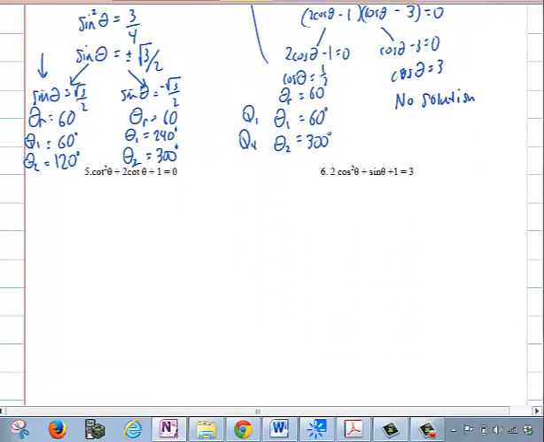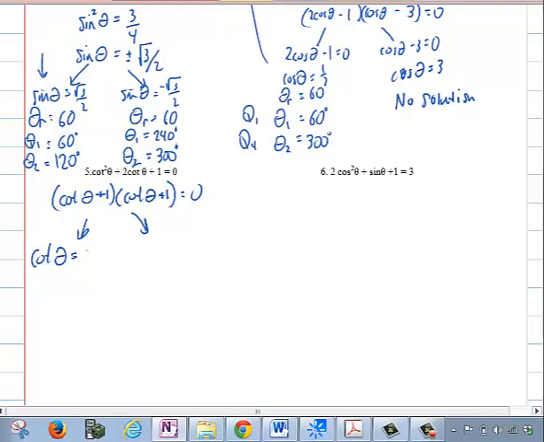Last two problems. Here we do some simple factoring. We have cotangent of theta plus 1 times cotangent of theta plus 1 equals 0. These are identical terms, so I only have to solve one.